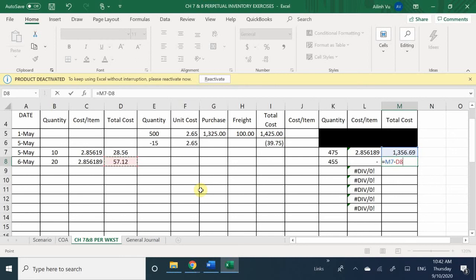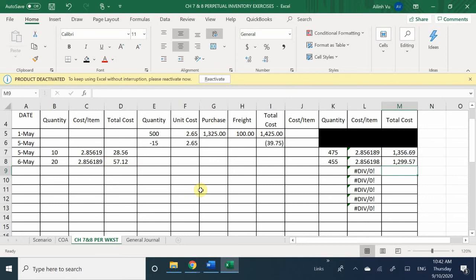So what do we get here? 12.9957. Since I already have my formula in here, I copied it all the way down. So my new cost per item is slightly the same, except we're looking at the 10,000th of a penny. It has risen up.